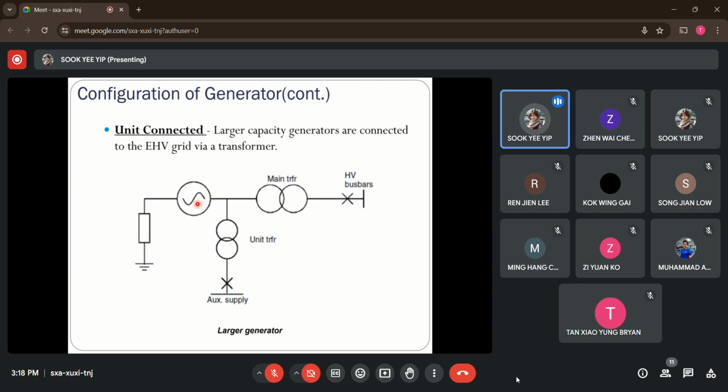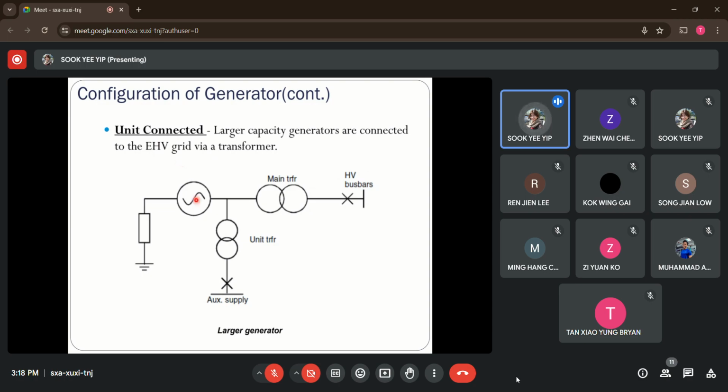So the generator will connect with the transformer before connecting to the bus bar. In this case, we have a high voltage bus bar, so the generator's voltage will be stepped up before we transmit to the distribution side. You can see these connections are likely to be found in extra high voltage grids, such as large utility systems as well as industry.